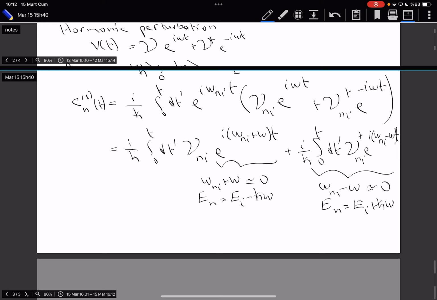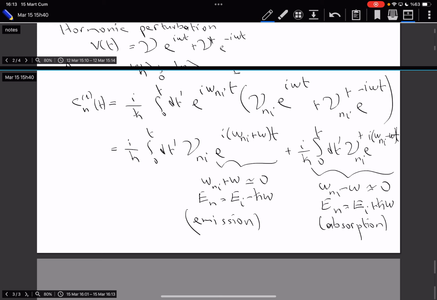If you just take the absolute value squared, we will get the absolute value squared of the first term, which will give a contribution at large t only if this condition is satisfied. This is what's called the emission. Then we have the square of the second term, which we will get a contribution if this condition is satisfied. So the initial state absorbs an energy h bar omega and makes a transition to the nth state.